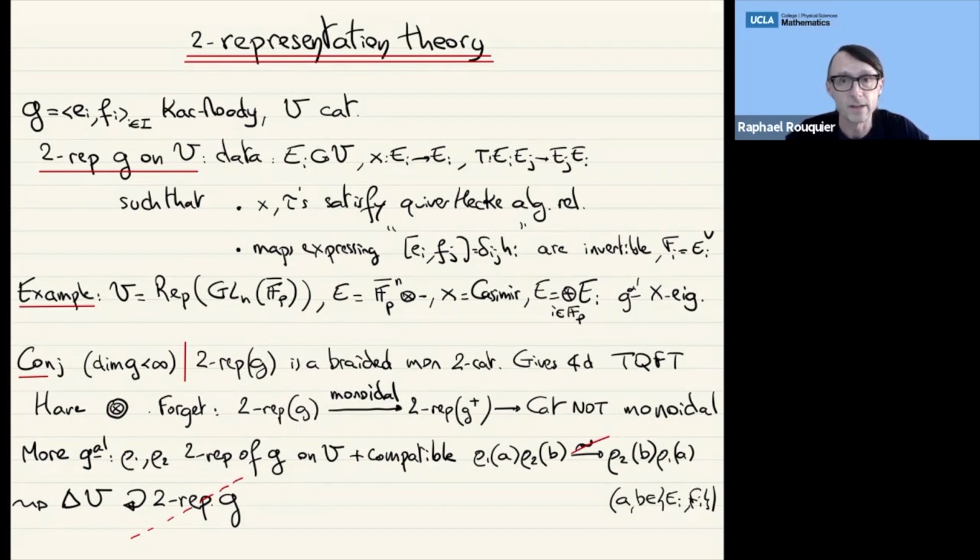So I didn't tell you how one defines this tensor product or this diagonal category. It's not very complicated, except that this construction is homotopical.